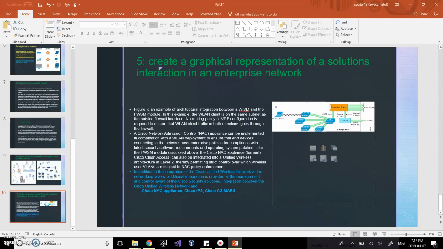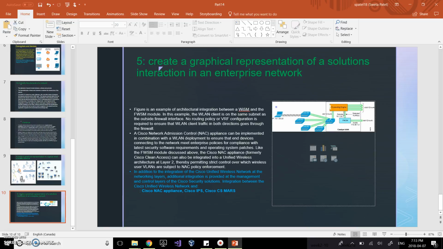And this is an enterprise network, an example of architectural integration between the VSM and FWSM module. The VLAN client is on the same subnet as the outside firewall interface. No routing policy or VRF configuration is required to ensure that VLAN client traffic in both directions goes through the firewall.